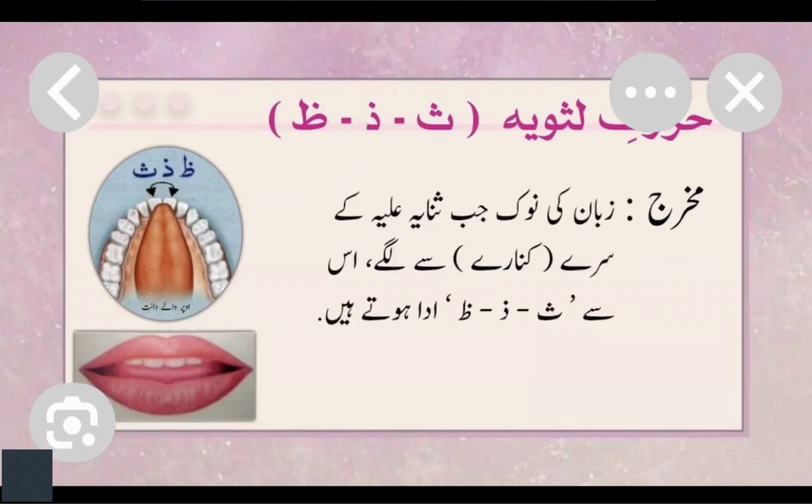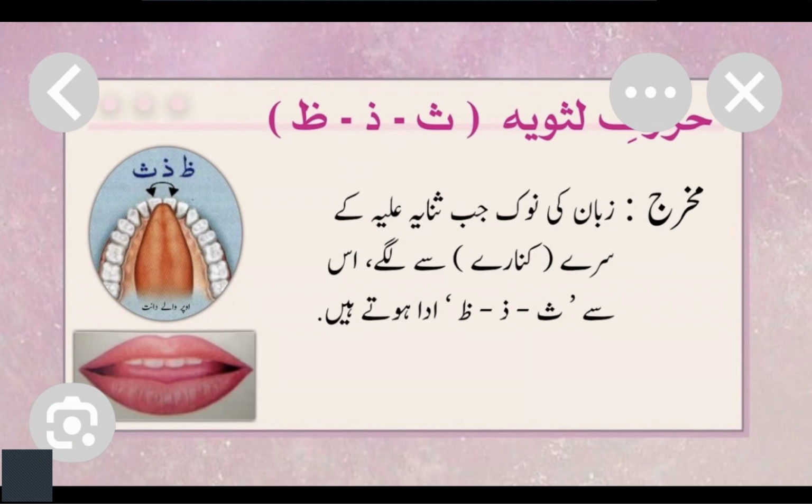But what is the difference then? The difference is that it's heavy, so you take the back side of the tongue toward the upper side, and the heavy letter makes a sound totally different from tha and tha. They are not the same heavy ones.